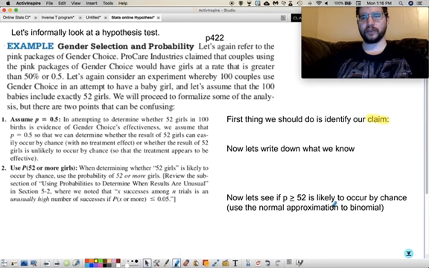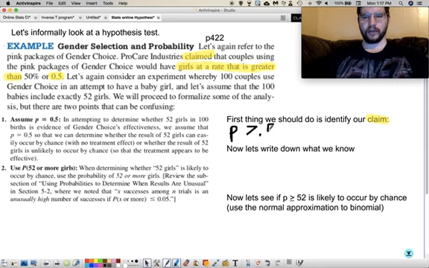First thing we always need to do is write down our claim. What are we claiming? These guys claimed that you'd have girls at a rate that is greater than 0.5. So the way we're going to write that is p is greater than 0.5. Notice that is p and not p hat.